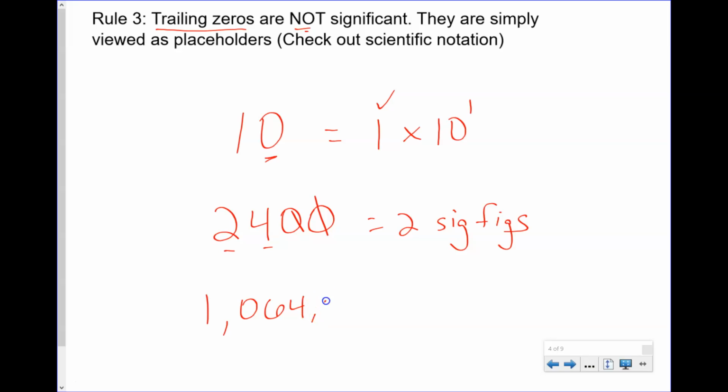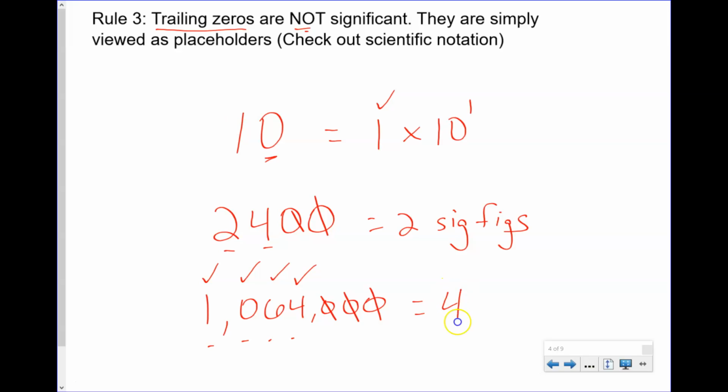1,600,000 or 1,064,000. All right. So really, it's all about the zeros, right? So we know that this 1 is significant because it's a non-zero. This 6 is significant. It's a non-zero. Same with the 4. But now this 0 here, we would say, according to rule number 2, it's sandwiched, so there's 4 sig figs there. But these zeros here, they're not significant.